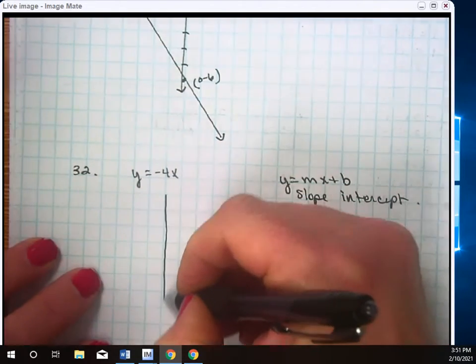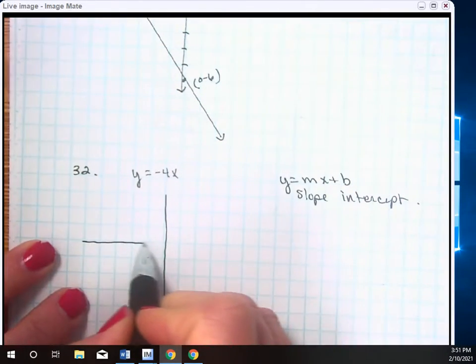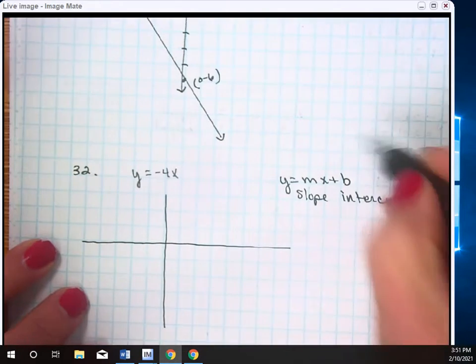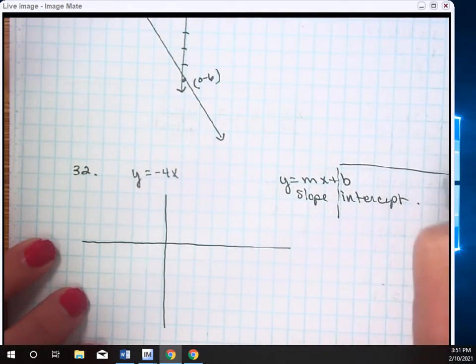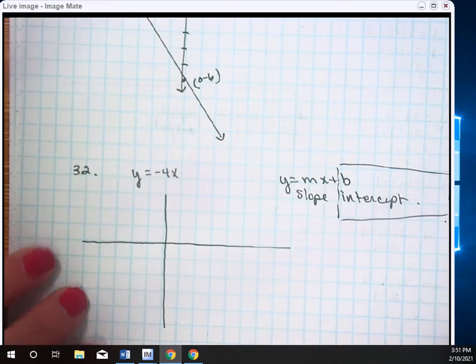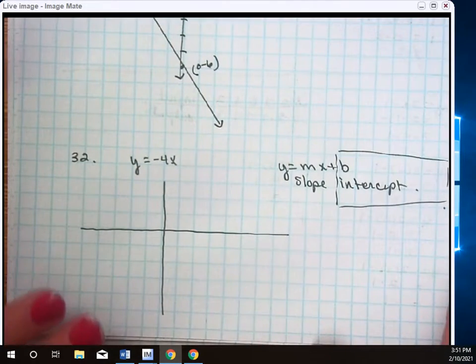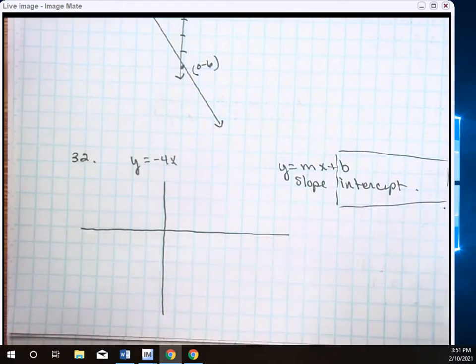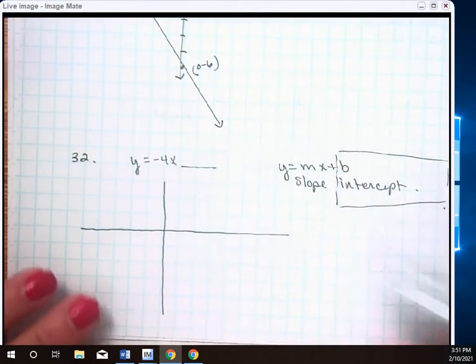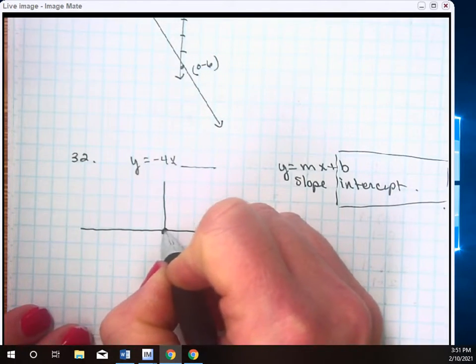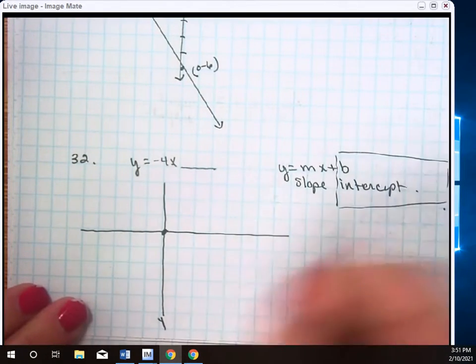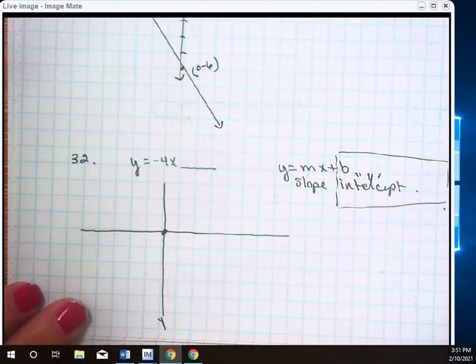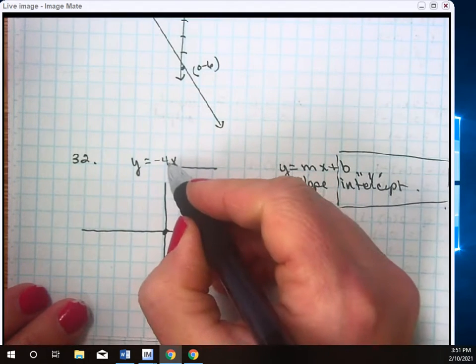In slope-intercept form, you're going to start at your y-intercept. The y-intercept is the number that's added or subtracted to the variable that has the x. I have nothing written here. That means 0. I'm going to start at (0, 0) on the y. That is the y-intercept.